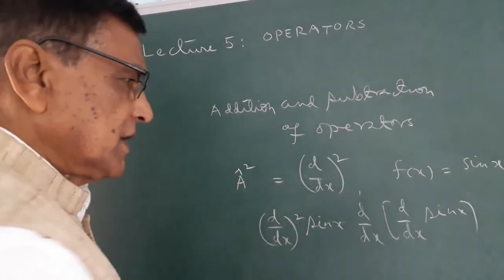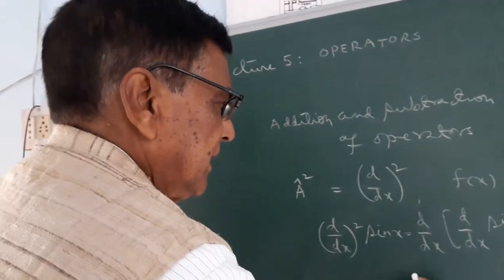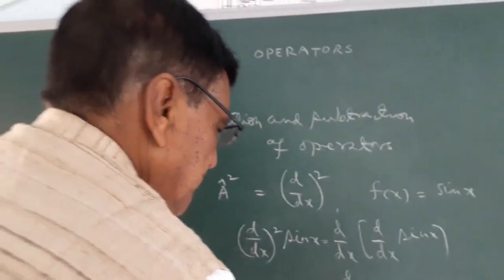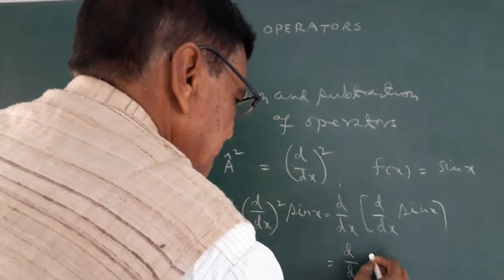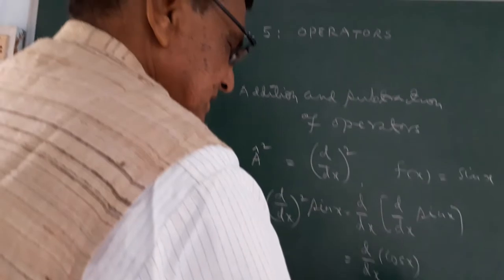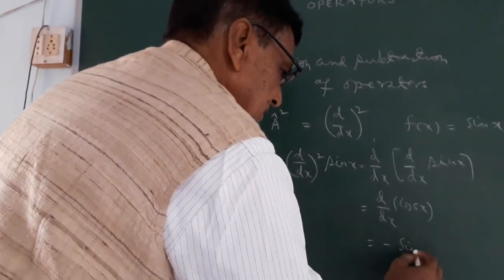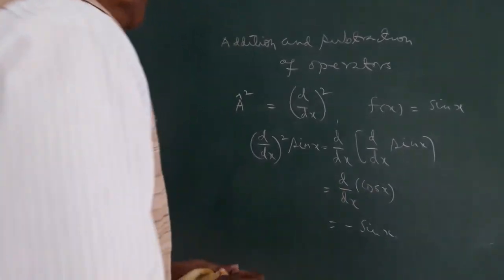Sin x is the function we have chosen. The first d by dx gives cos x, and whenever this cos x is again operated on by d by dx, it gives minus sin x.